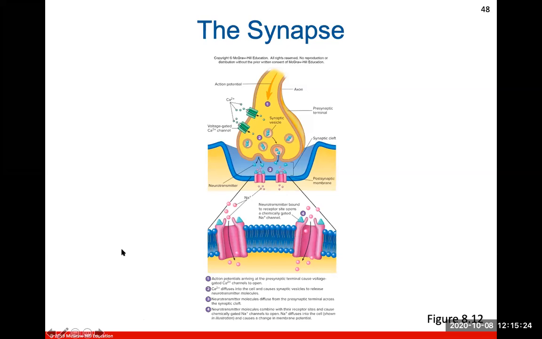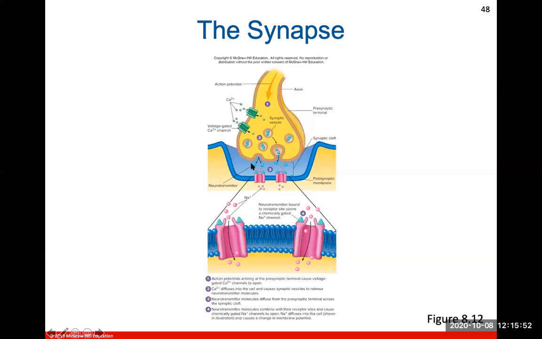So this is finally a picture instead of a whole bunch of words. This shows the action potential traveling down the axon in the presynaptic terminal, so before the synapse. When the action potential travels past calcium channels, calcium rushes in, and the rushing in of calcium causes the synaptic vesicles with those neurotransmitters inside to release the neurotransmitters across the cleft.